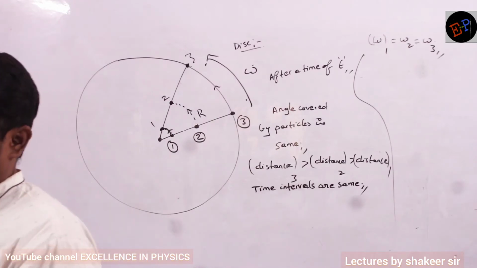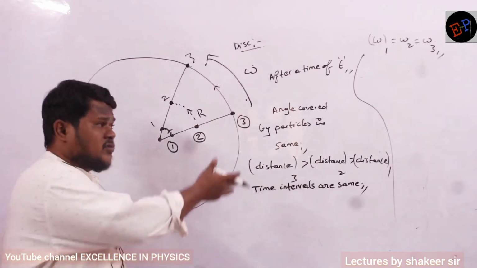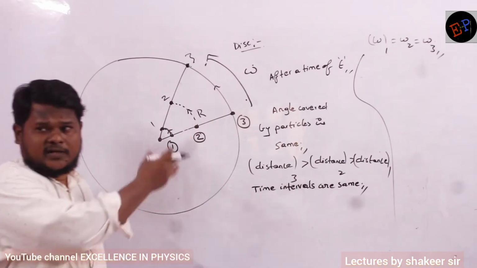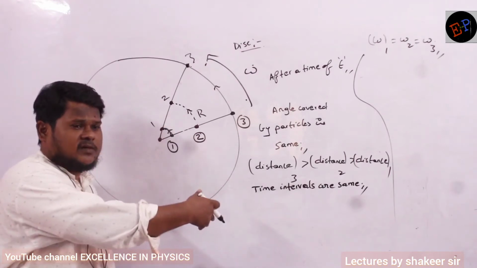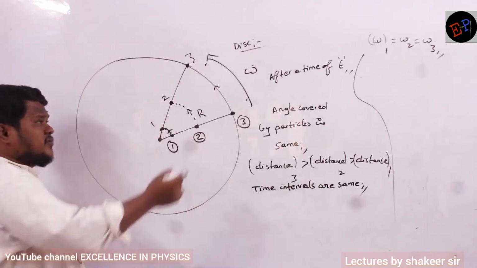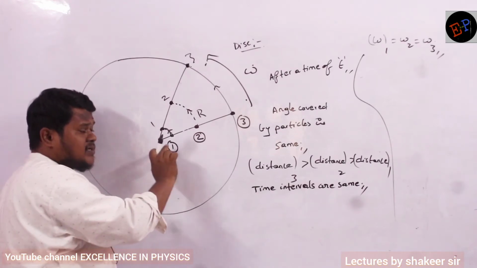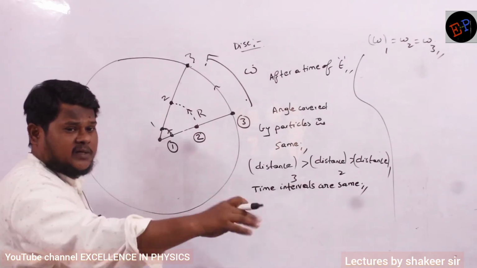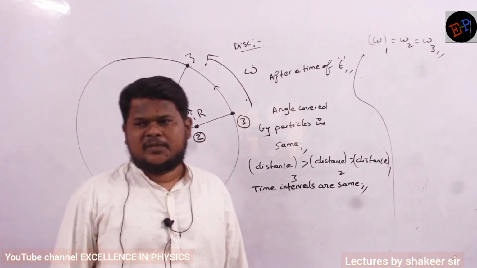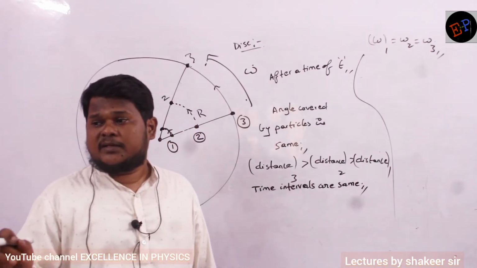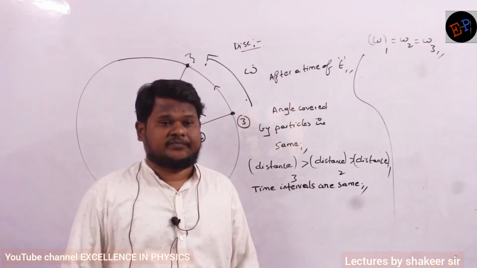So when a body is rotating, what is the point we have understood by doing all this calculation? Listen very carefully. When a body is rotating about any particular axis, angular velocity of every particle will be the same. Are you able to understand?